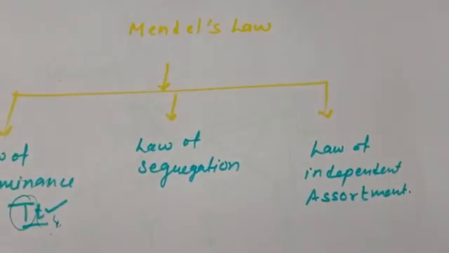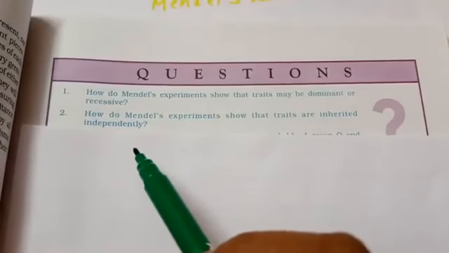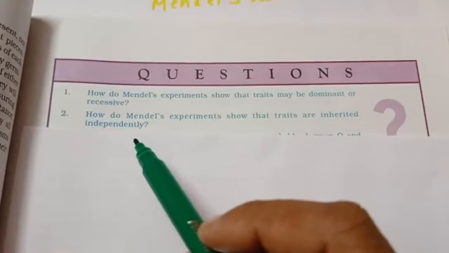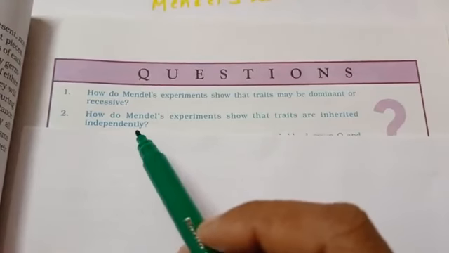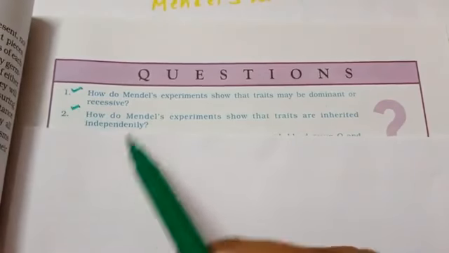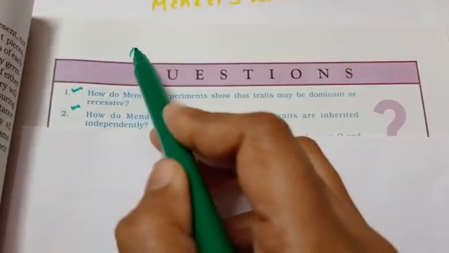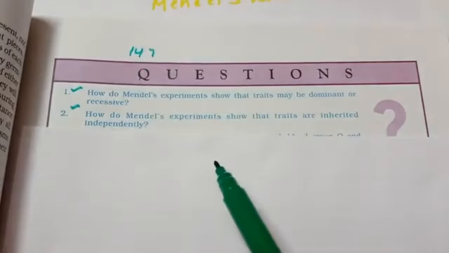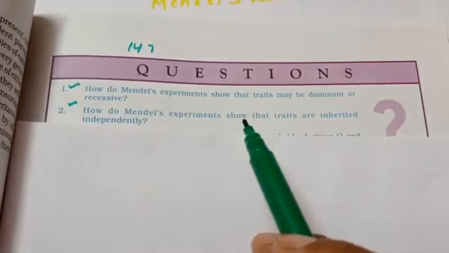Now, let us see today's homework. Children, in today's lecture we have studied Mendel's experiment. So we will be doing the in-text questions at page number 147. Questions 1 and 2 of page number 147 are to be done as the first two questions of the homework of lecture number 2.